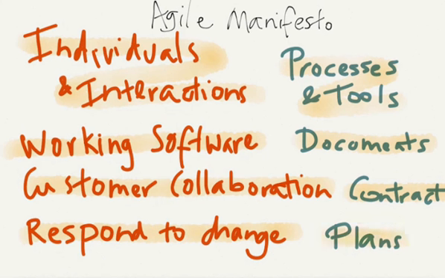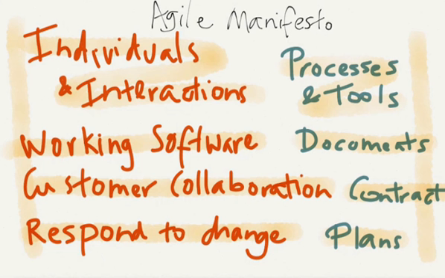That does not mean to say that the items on the right-hand side are not important. It just says that the items on the left-hand side we hold to be more important. There will still need to be processes and tools. There will still need to be documents produced. There will still need to be contracts and agreements to define the interaction between the client and the software development company.